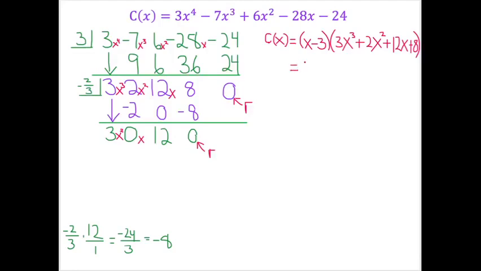So c of x is now x minus 3 times x minus negative 2/3 times 3x squared plus 12.